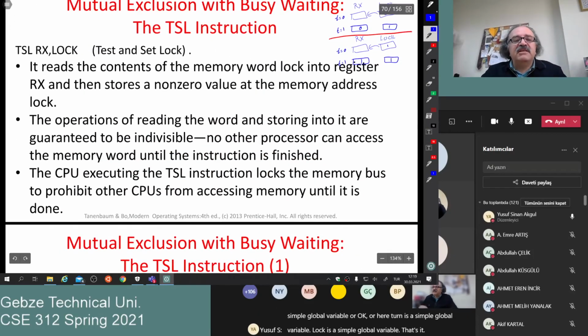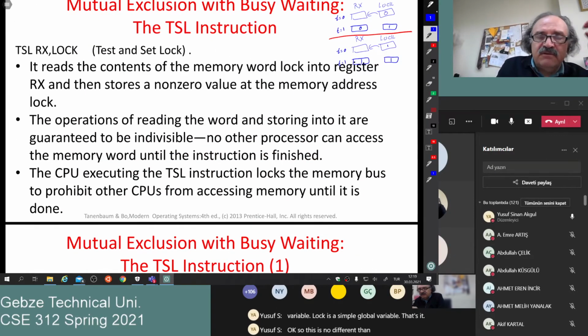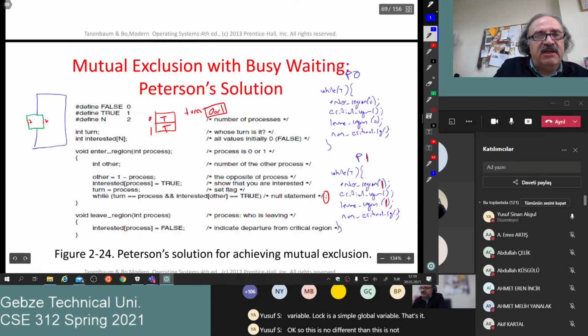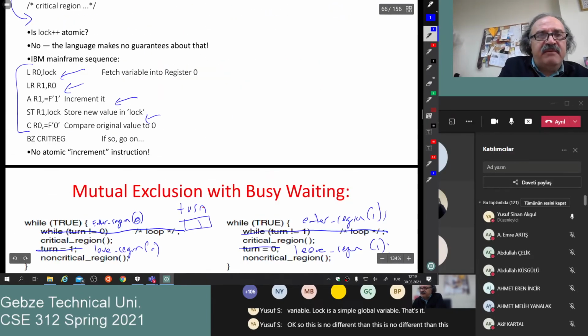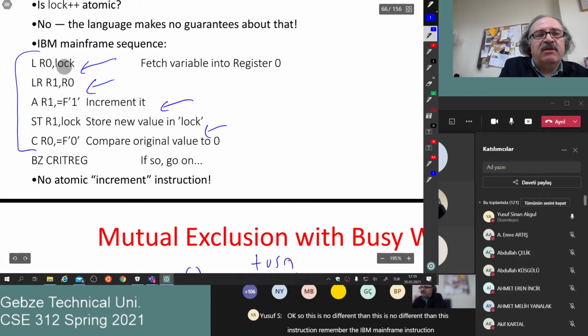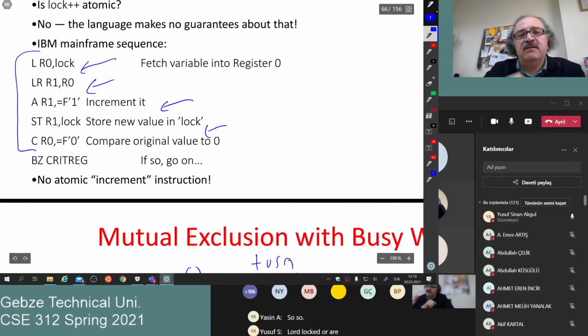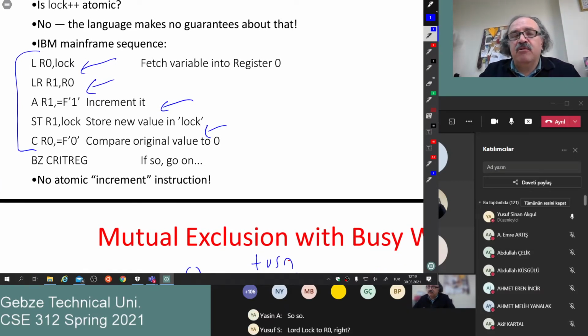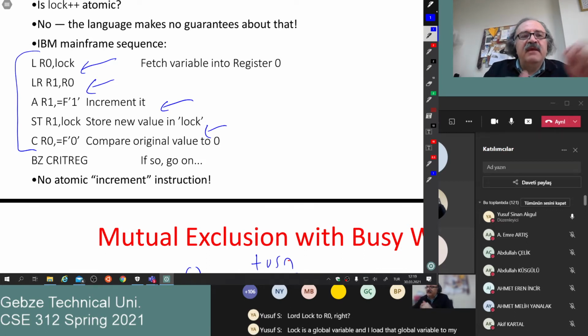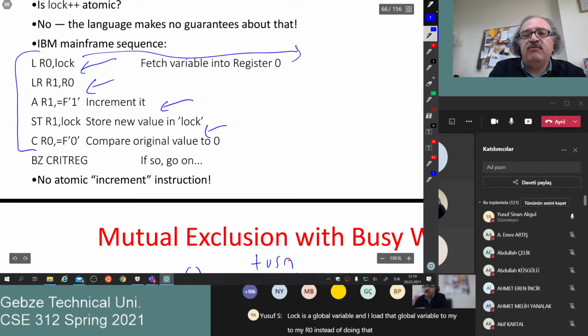So this is no different than this instruction. Remember the IBM mainframe instruction? Load lock to R0, right? Lock is a global variable, and I load that global variable to my R0. Instead of doing that, I am doing TSL RX, lock.